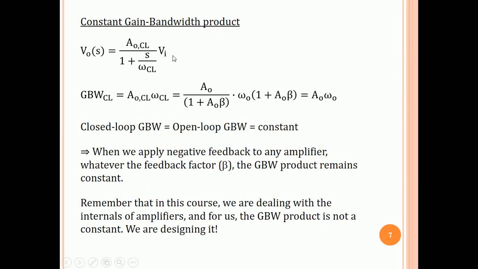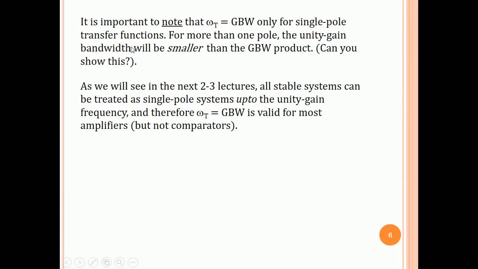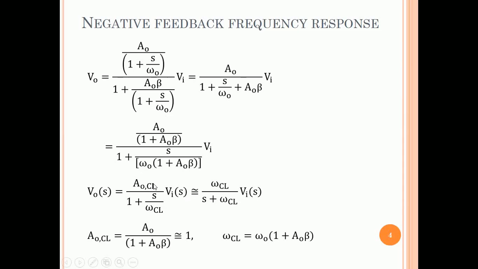Okay, let's talk about the closed loop bandwidth. So we derived this for the closed loop. The transfer function is A0 CL by 1 plus s by omega CL, where A0 CL is this and omega CL is this.